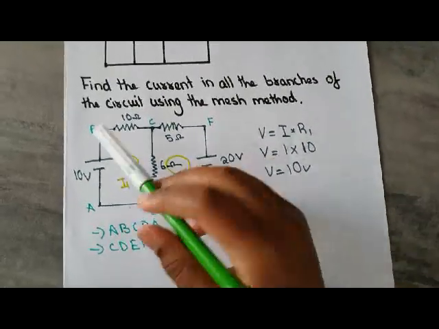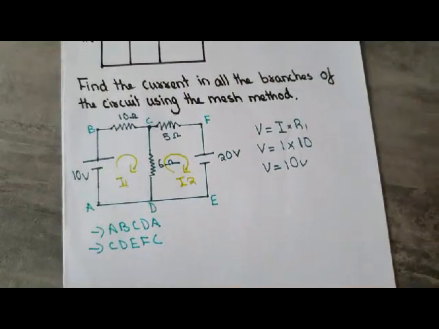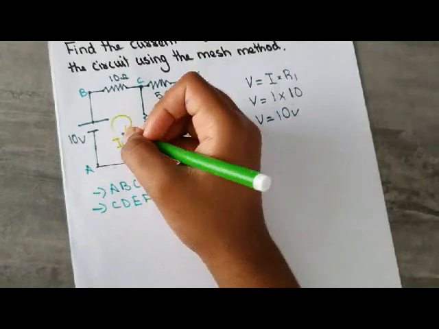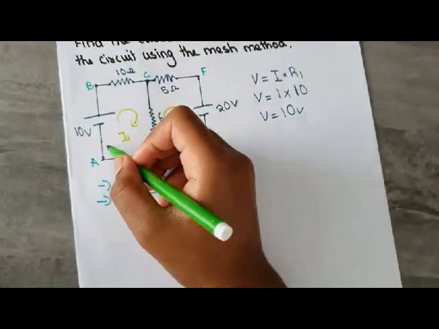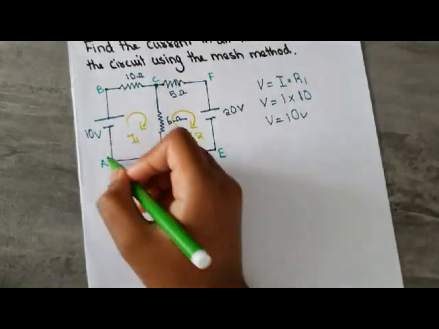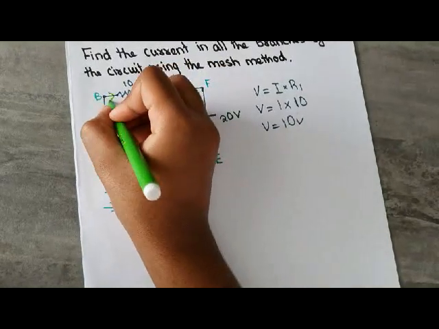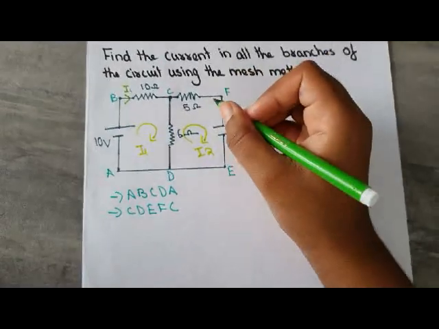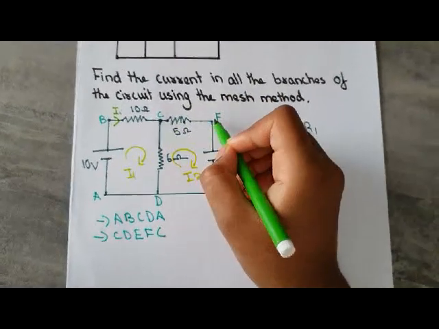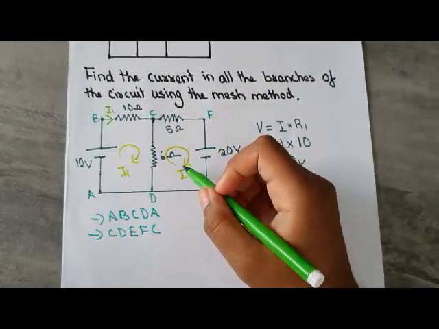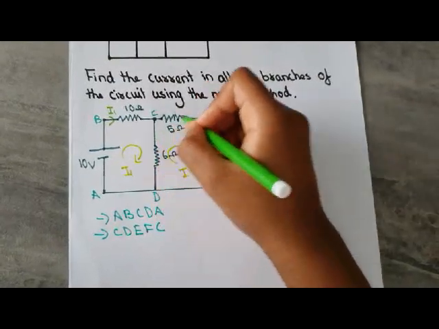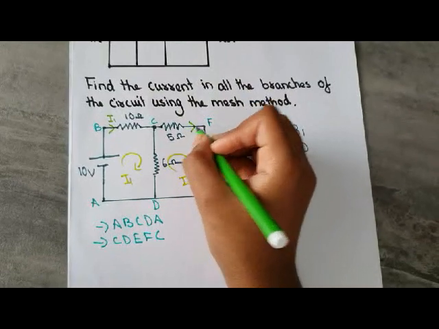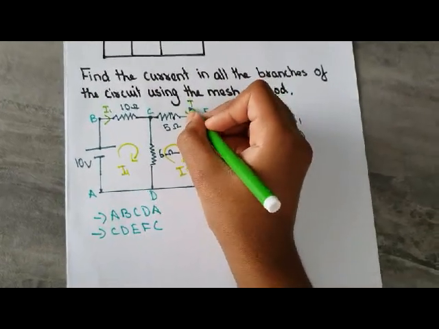Next step is marking the current in each of the branches. To begin with BC, in BC I1 is passing and it goes like this. It goes from B to C, I1. Next is CF. In CF, I2 goes clockwise, so it goes from C to F, mark it I2.